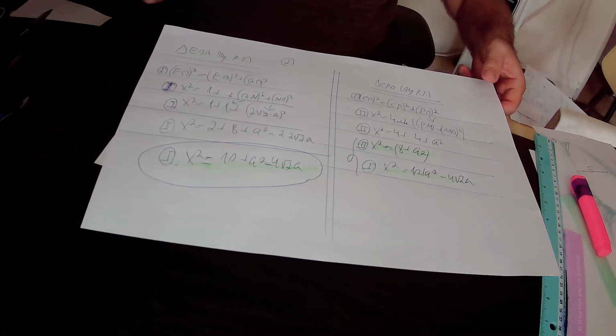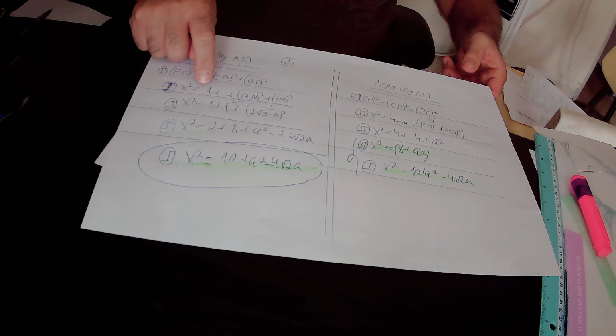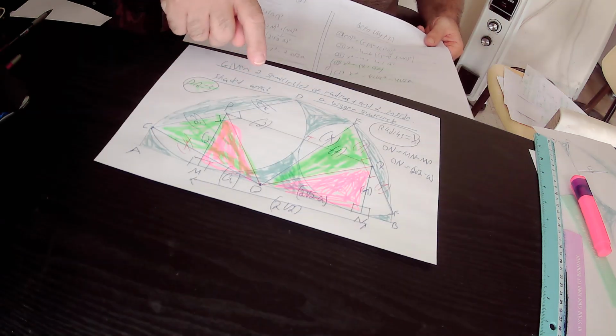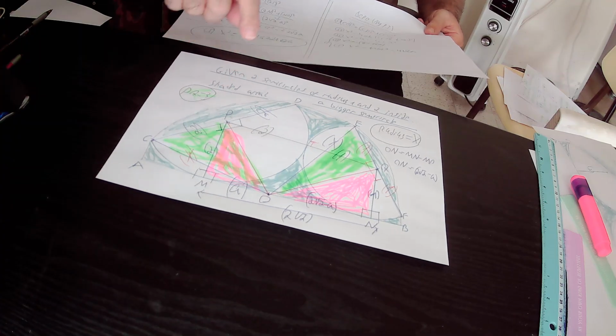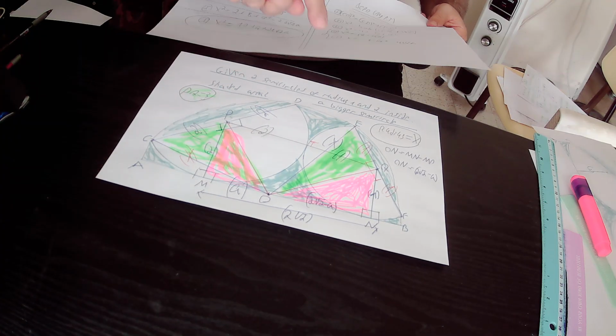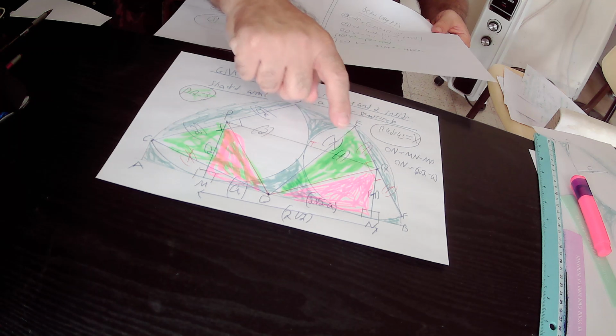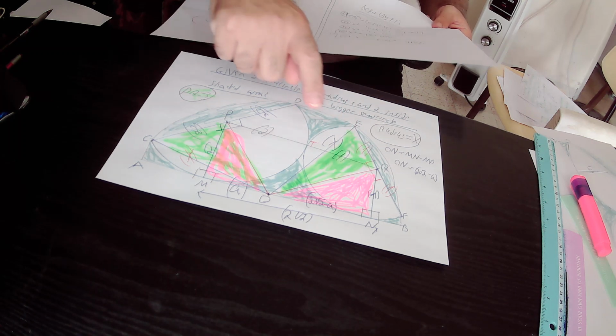So in total, x squared equals 1 plus QN squared. QN is 1, therefore QN squared is 1 squared, plus NO squared.